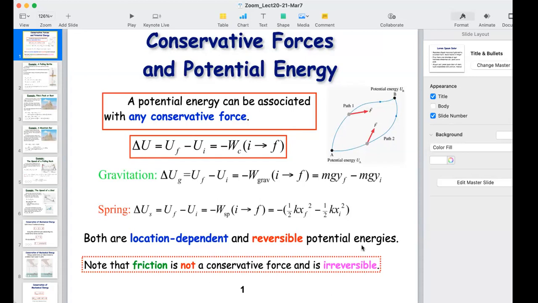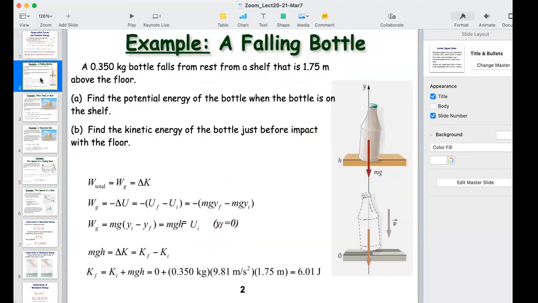Note that friction is not a conservative force, and so it is irreversible. These potential energies are all from conservative forces, and so they are all reversible and location dependent.